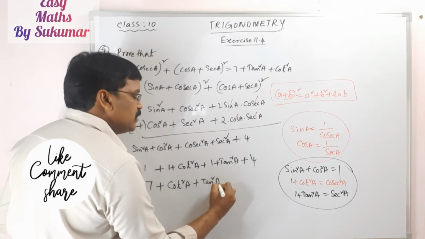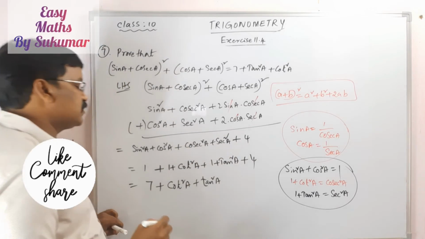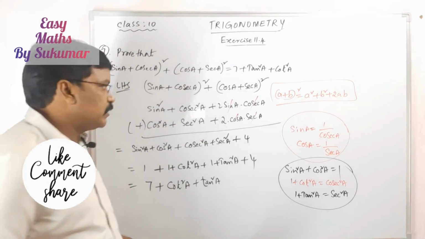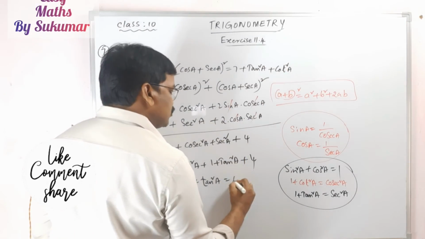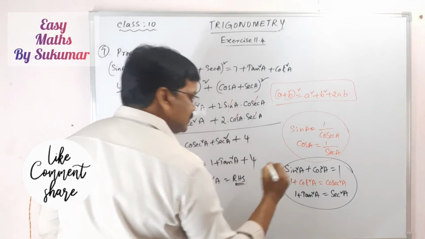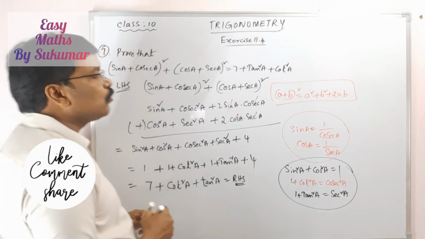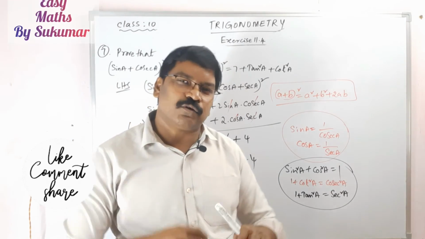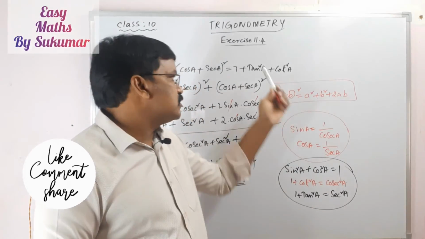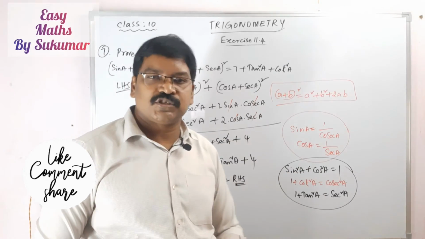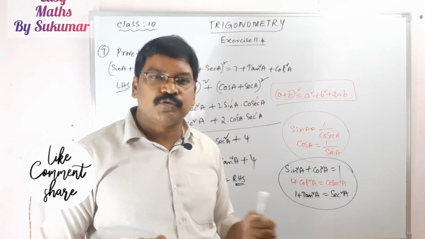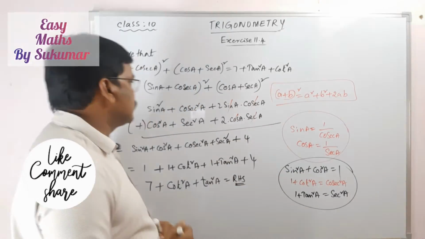Tan square A. 7 plus tan square A plus cot square A. So it is equal to RHS, no my dear students, this is right hand side. That means sin A plus cosecant A whole square plus cos A plus secant A whole square is equal to 7 plus tan square A plus cot square A. Hence it is proved.